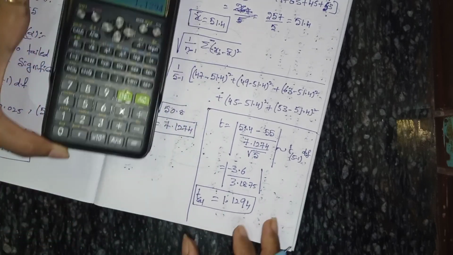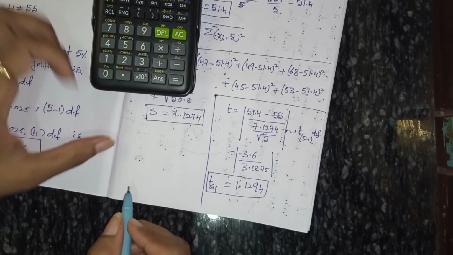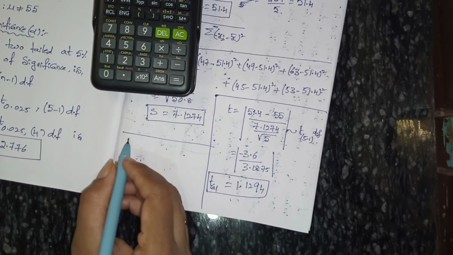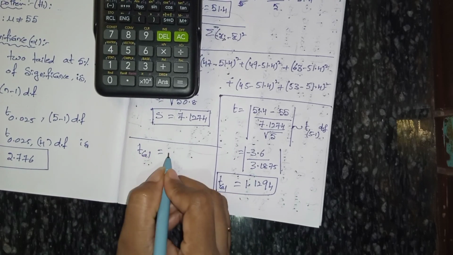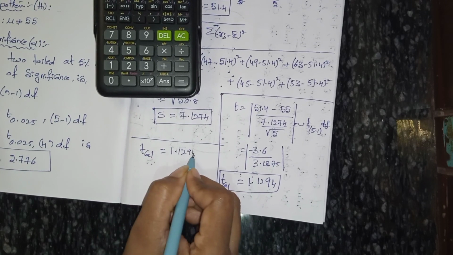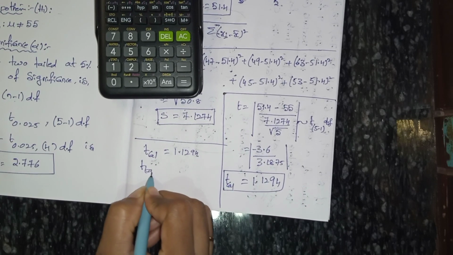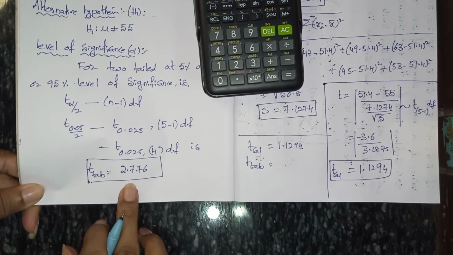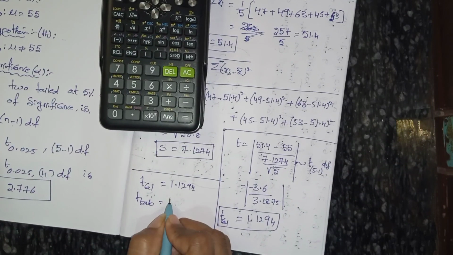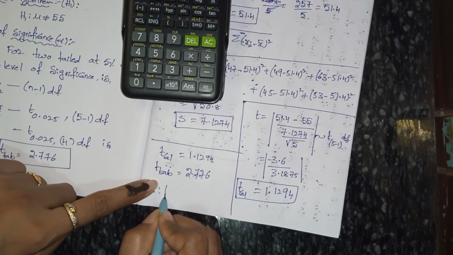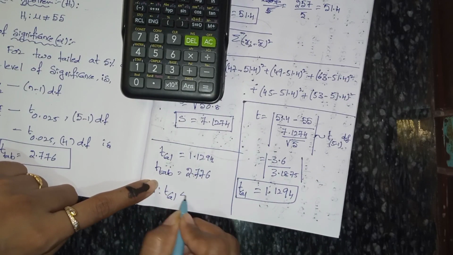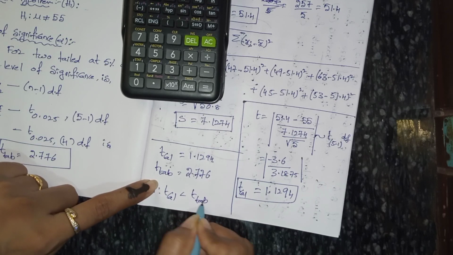Now what do we have to do? We have to write the conclusion. So what is the conclusion? T calculated equals 1.1294. T table, how much did we get here? 2.776. So T calculated is less than T table.